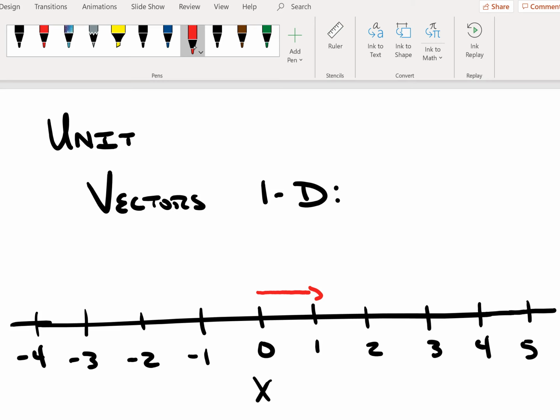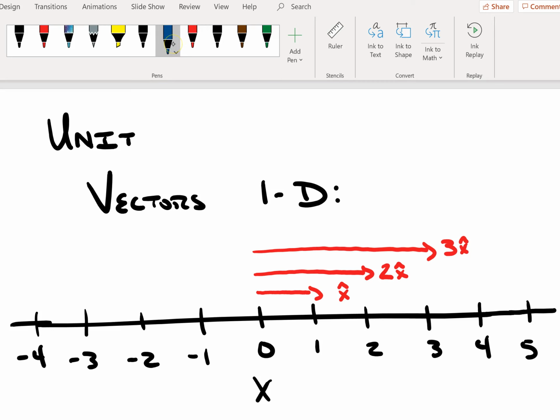Now, quite frankly, 1D is kind of a very boring example, but it is fundamental. No matter how much I move, I might move 2 times the unit length or 3 times the unit length. So in this case, we denote unit vectors typically by a little hat. This would be 2 times the unit vector, 3 times the unit vector, and so on.